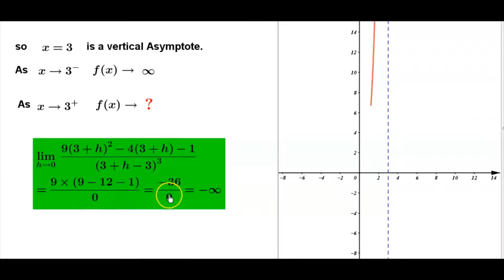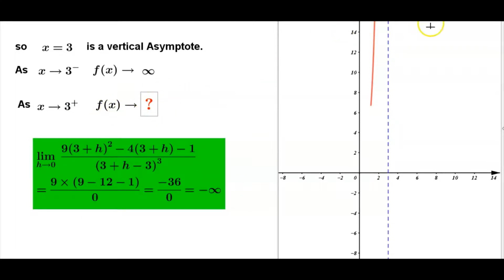This gives minus 36 over 0, which is minus infinity. Therefore, the right hand limit as x approaches 3 from the right side is minus infinity.